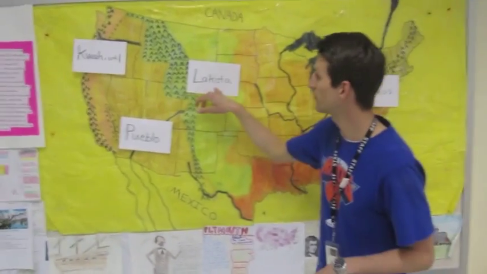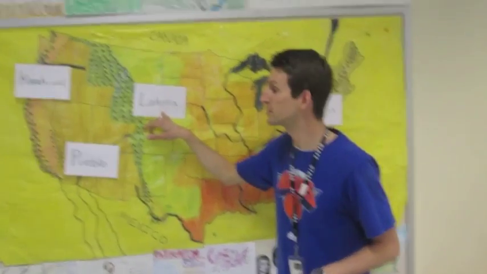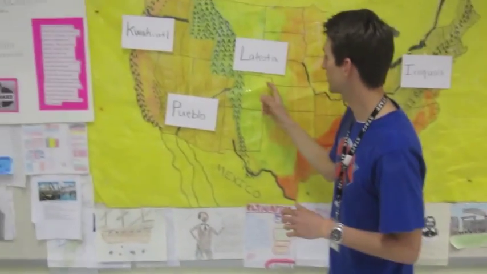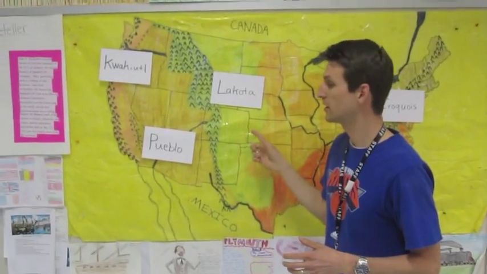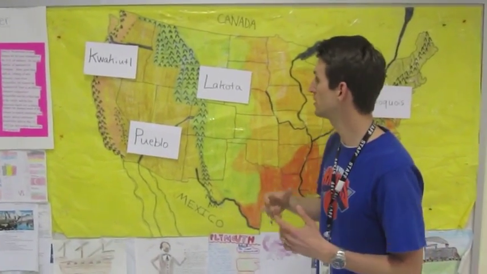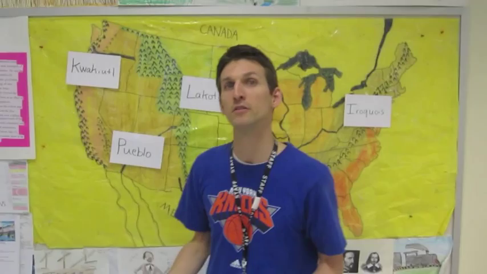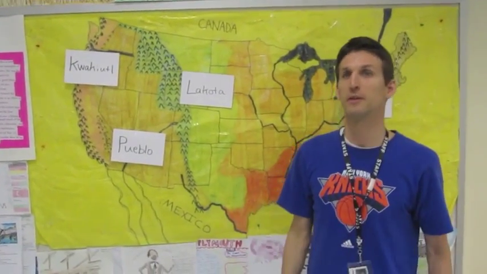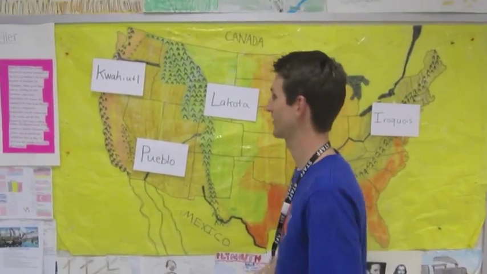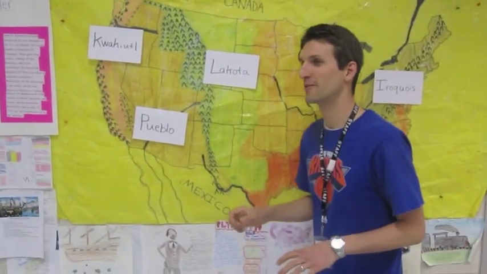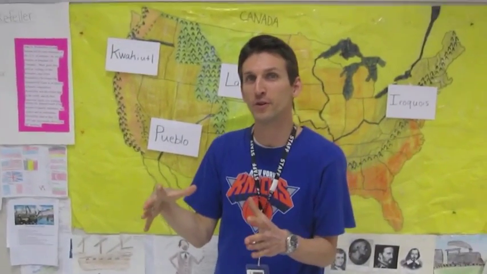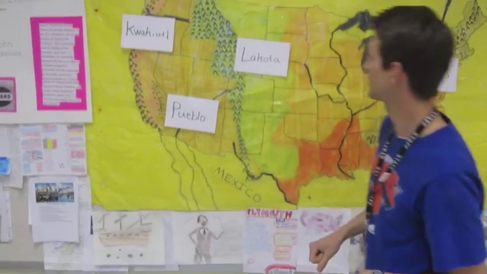The Lakota is a favorite of a lot of kids because everything is buffalo, buffalo, buffalo. They're nomadic, so they follow the herd. Their homes are called teepees, made out of buffalo skin, and they're portable, just like a DS or PSP. If the herd moves, then the whole tribe follows them.